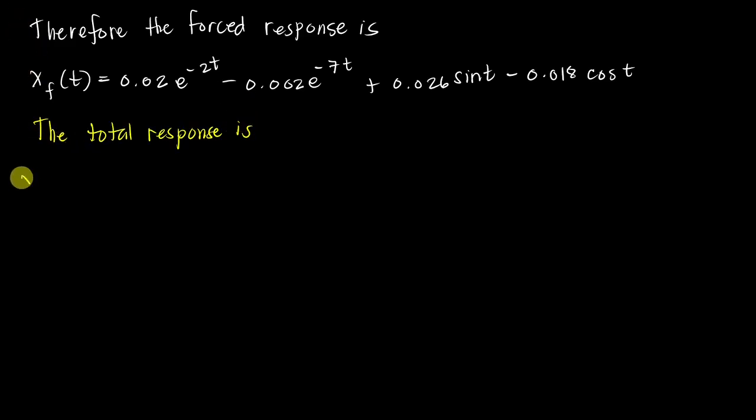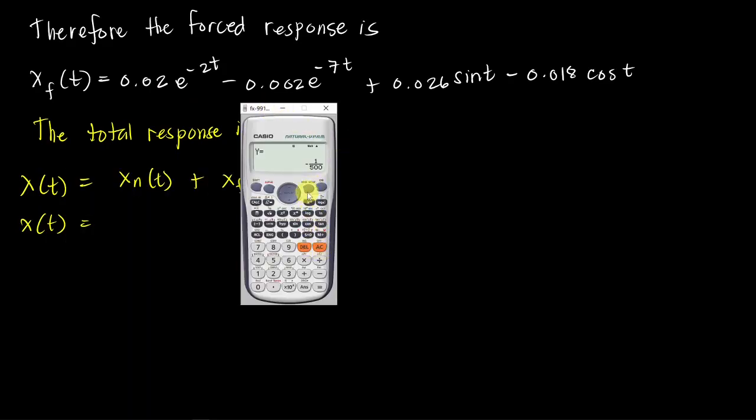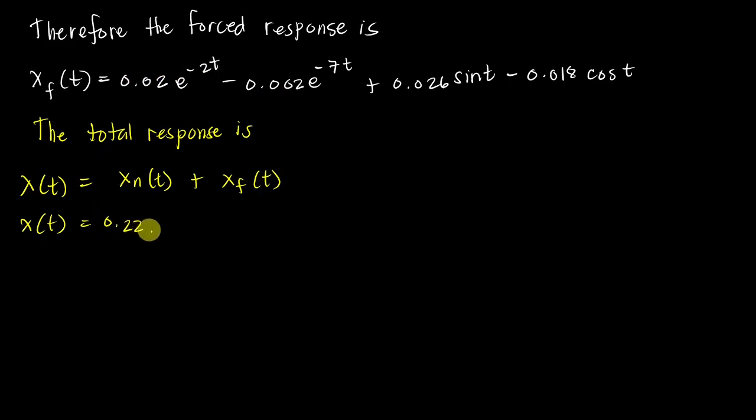So now let us write down the complete response. The total response is x of t, which is the sum of the natural response and the forced response. So, we add now. Earlier, it was 1/5 and this is negative 1/5. 1/5 is actually 0.2. So, 0.2 plus 0.02 becomes 0.22, so 0.22 e raised to negative 2t.